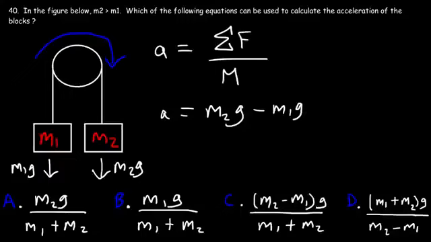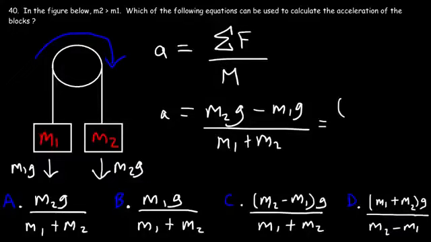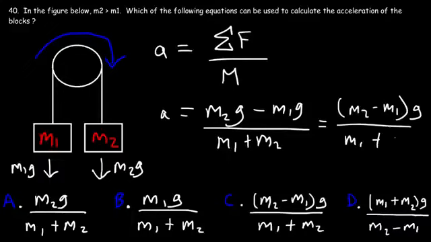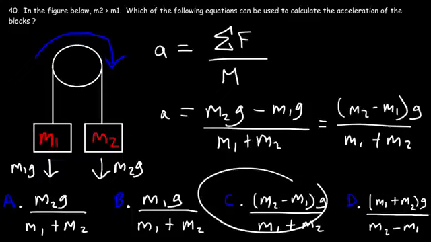So the net force is the difference between the weight force of those two blocks. And then we need to divide it by the total mass of the system, so that's m1 plus m2. So if we factor out g, it's going to be m2 minus m1 times g divided by m1 plus m2. So C is the right answer.